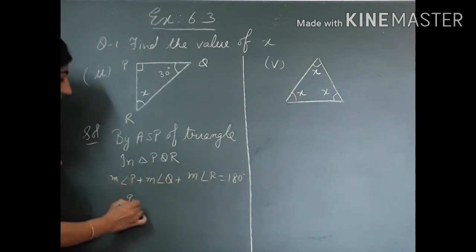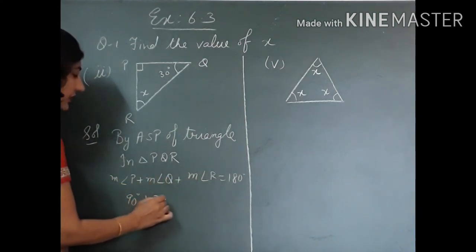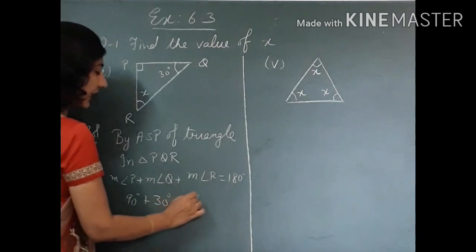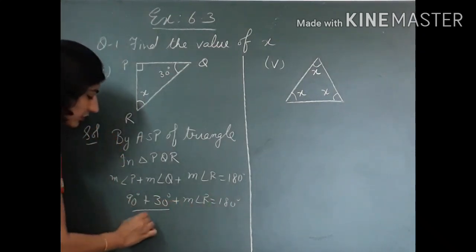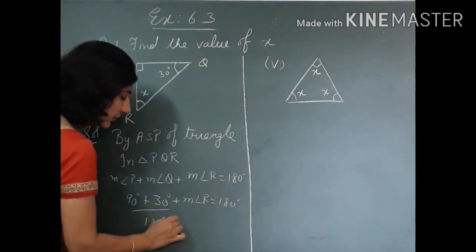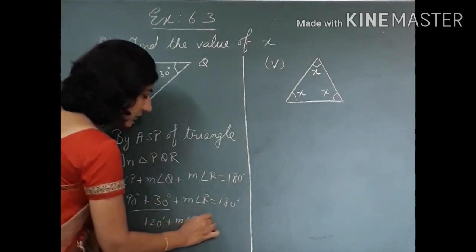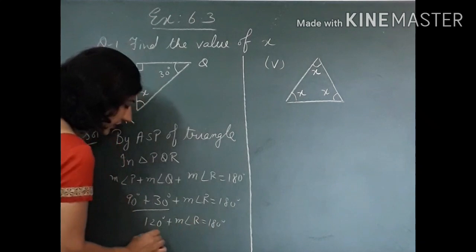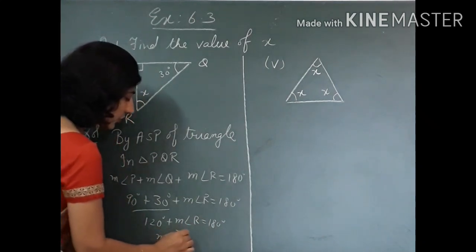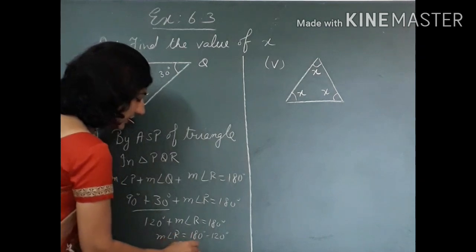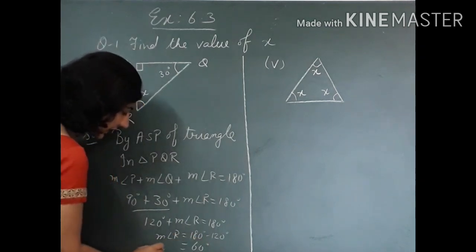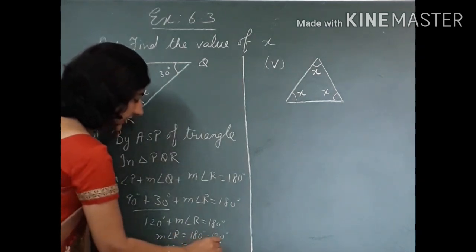Angle P is 90 degrees, angle Q is 30 degrees and angle R we have to find, equals 180 degrees. Add these two, 120 plus measure of angle R equals 180 degrees. Therefore, measure of angle R equals 180 minus 120, that is equal to 60 degrees. So this way when two angles are given, we can find the third angle.